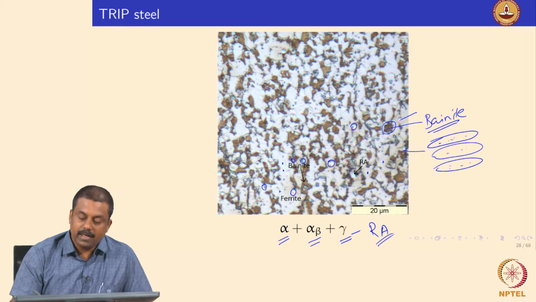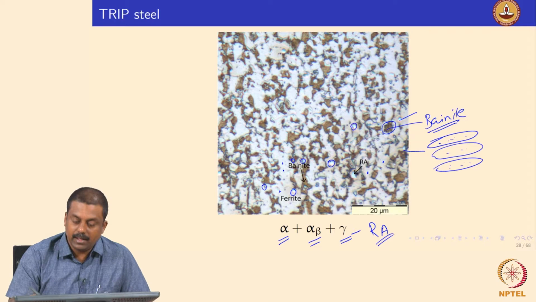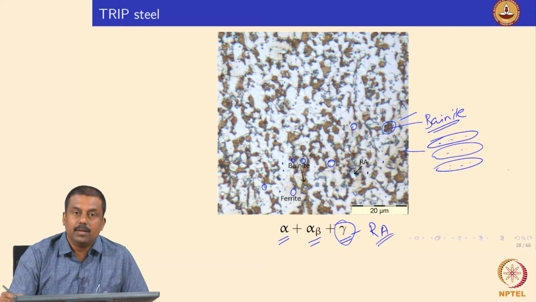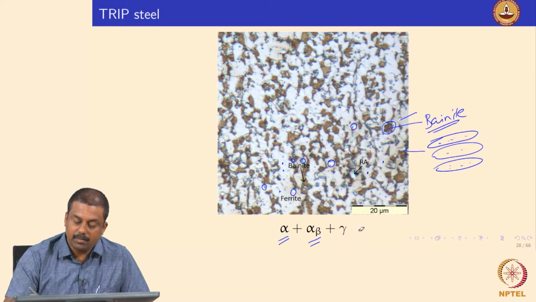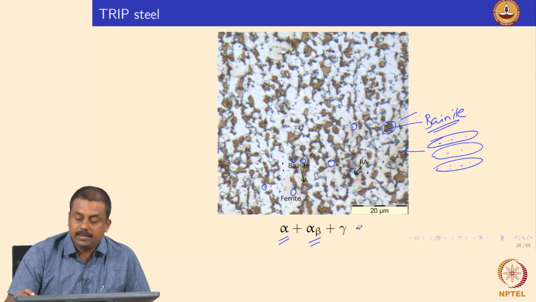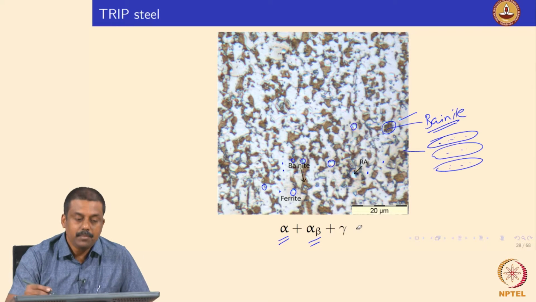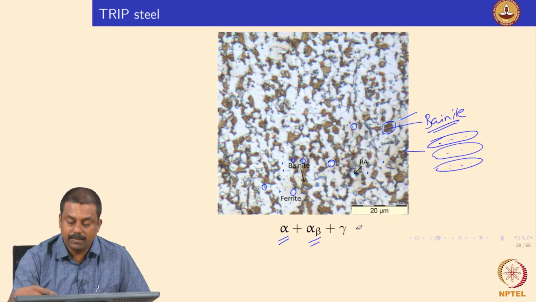The advantage of this microstructure is the enhanced ductility coming from the transformation of austenite to martensite upon applying a load. Okay, so this transformation of austenite to martensite upon load is actually known as stress induced transformation. And so when you make a component out of the steel, you can also deform it because of the retained austenite.